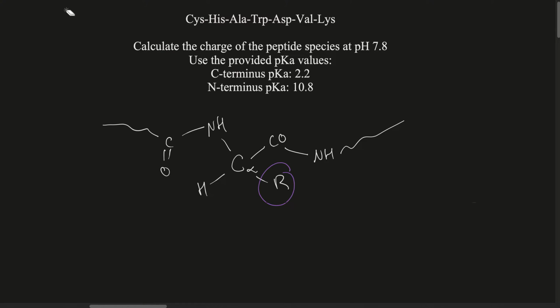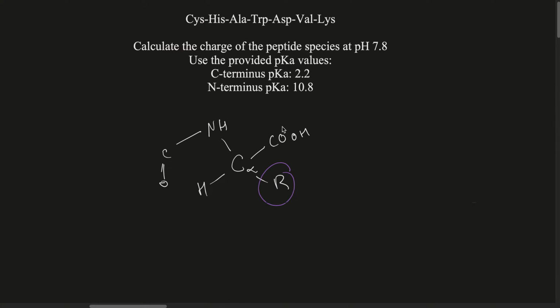Now, if this amino acid is at the beginning of the sequence, like cysteine over here, the amino group is free, but the carboxyl group is not. And so they call that the N-terminus. On the other hand, if it's at the end of the sequence, like for example lysine, the carboxyl group is what's free.